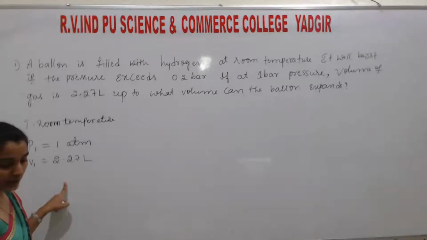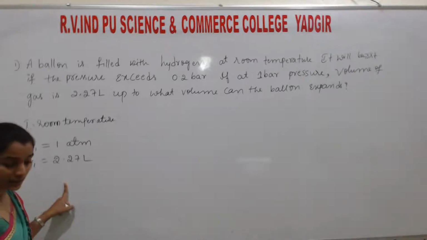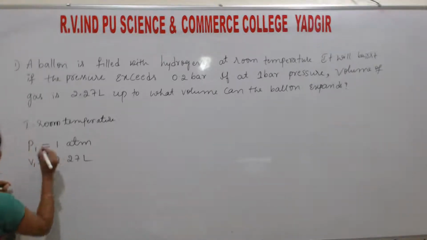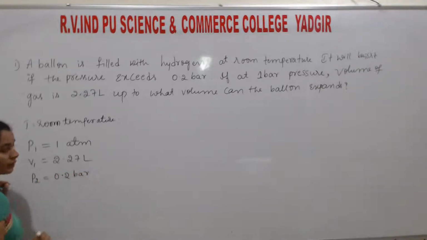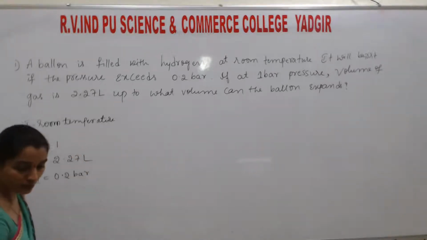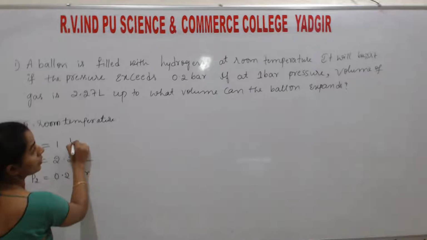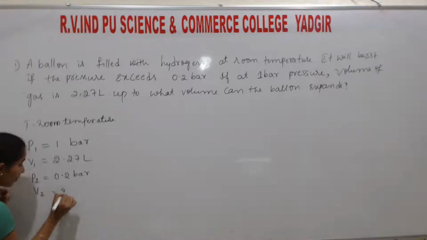Again they said what? If the pressure exceeds 0.2 bar, exceeds means what? If P2 is 0.2 bar. This one is 1 bar, not atmosphere. From this you have to calculate V2.